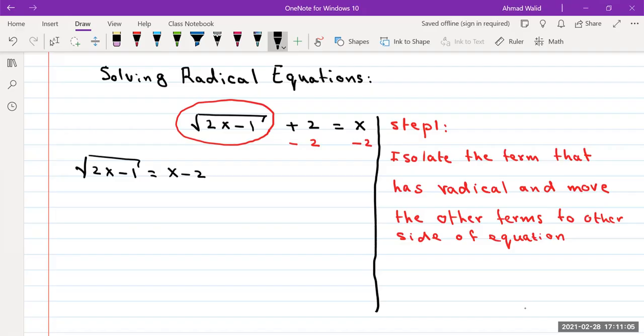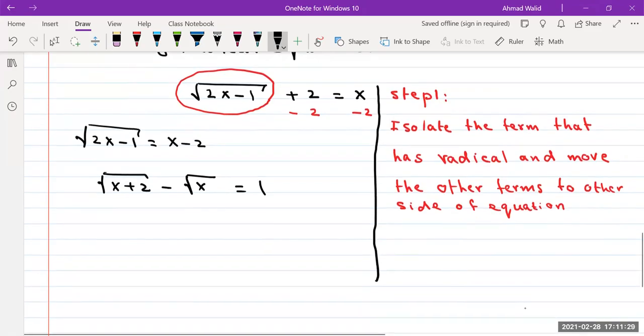What if you get such a problem, for example, square root of x plus 2 minus square root of x equals 1. Now you will ask me what to do. Here, 2 terms have radical involved in them, right?